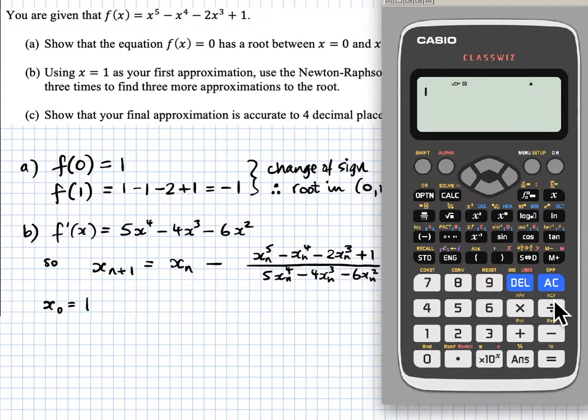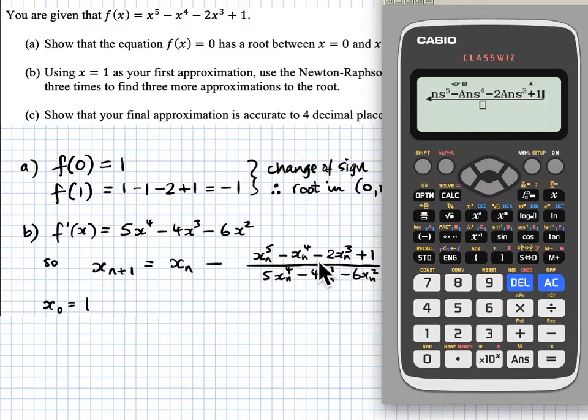So clear. xn is ans minus, I need a nice big fraction, ans to the power of 5. I need to use the arrow key to go across there to get back on the main line. Minus ans to the power of 4. Same again. Minus 2 ans cubed plus 1.